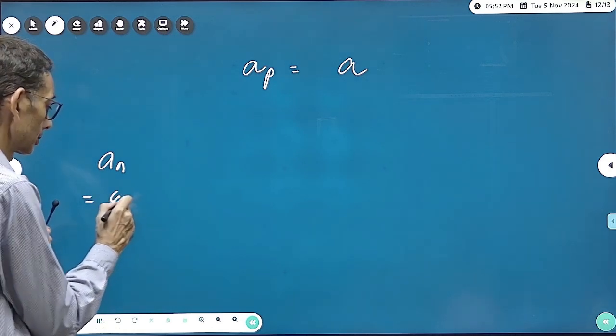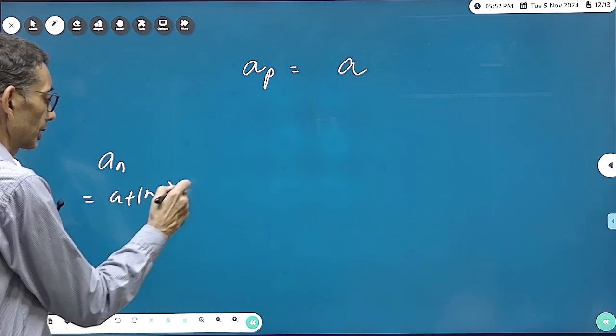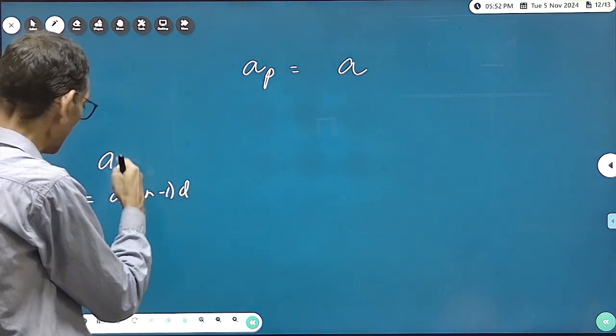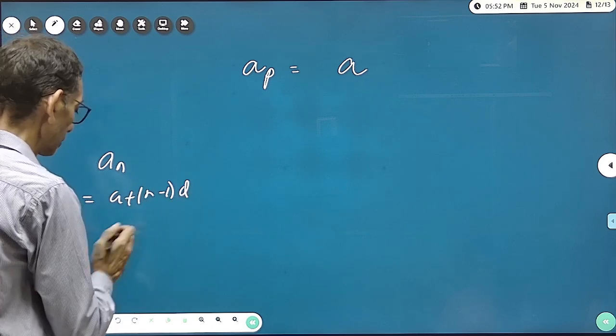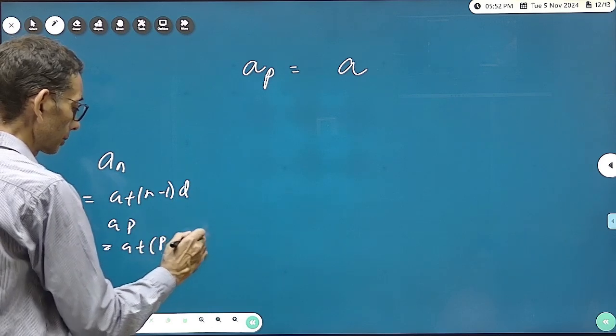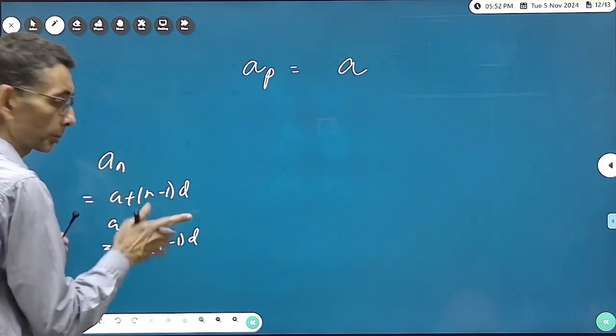A plus n minus 1 into D, right? We use the same formula. If n, then A plus n minus 1 D; if P, then A plus P minus 1 D. Just replace n by P.